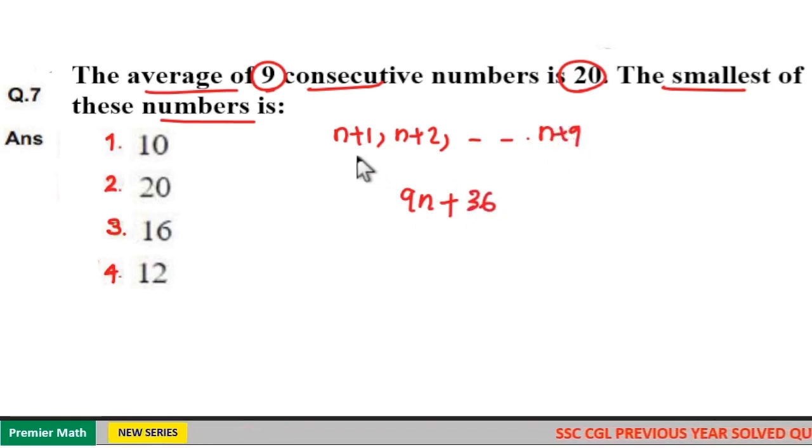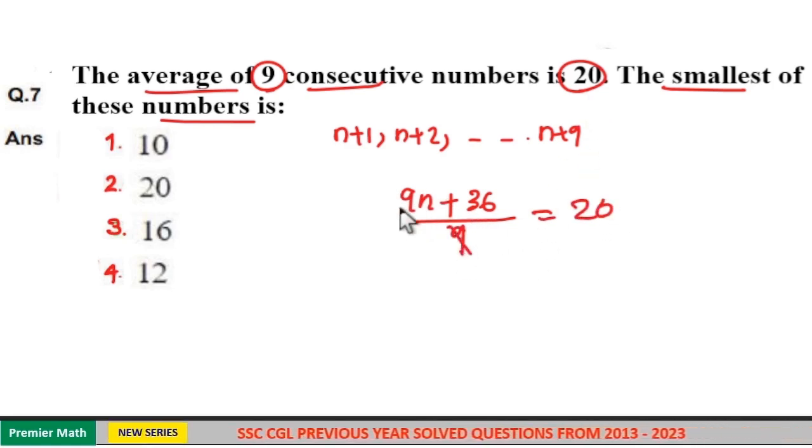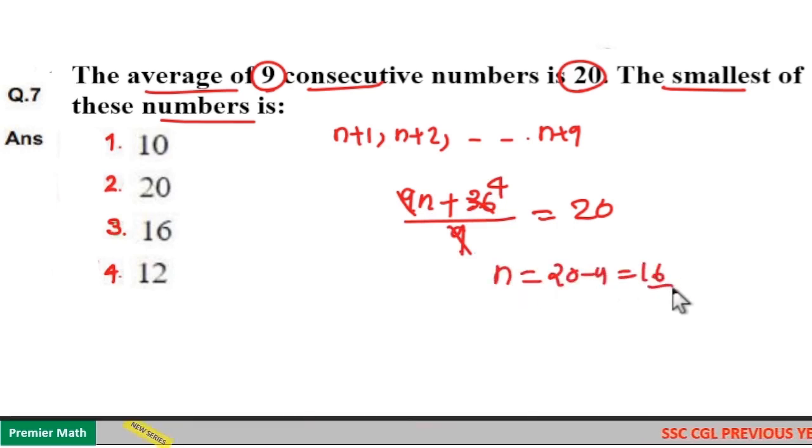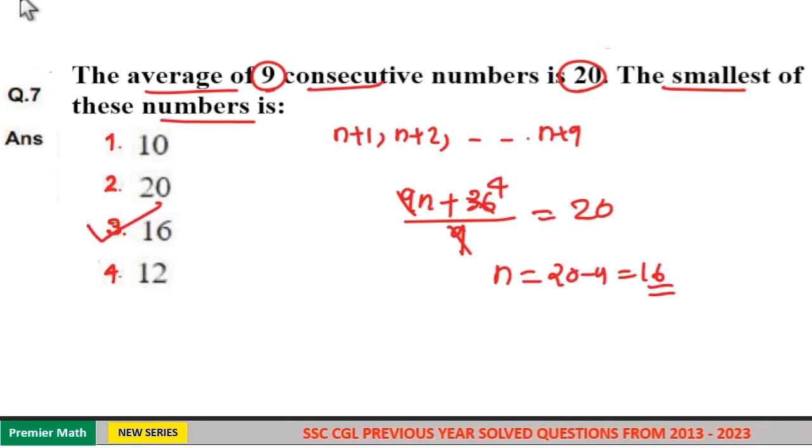Now, the sum of 9 numbers is equal to 9n plus 36, divided by total numbers, which are 9. So average is (9n plus 36) by 9, which is 20 in the question. Which means 9 goes 1 times in 9, 9 goes 4 times in 36. Which means n is equal to 20 minus 4, 16. So option 3 is your answer.